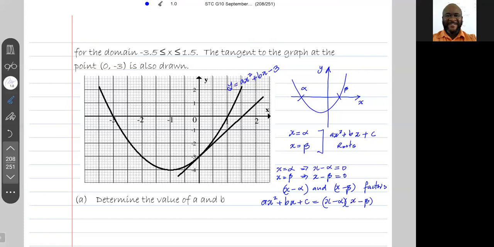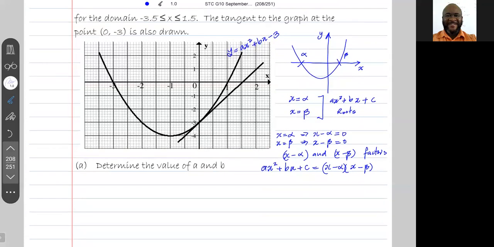That is what they're saying. Now guys, x minus alpha and x minus beta are the factors, and if you multiply the two linear factors of a quadratic expression, you will get the quadratic expression.